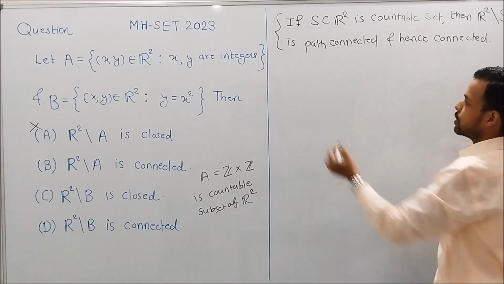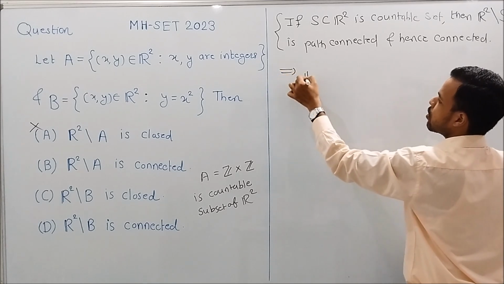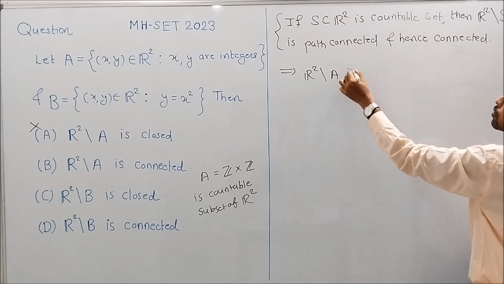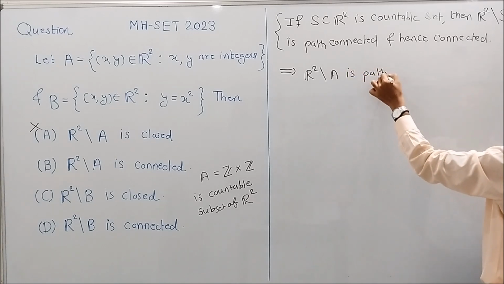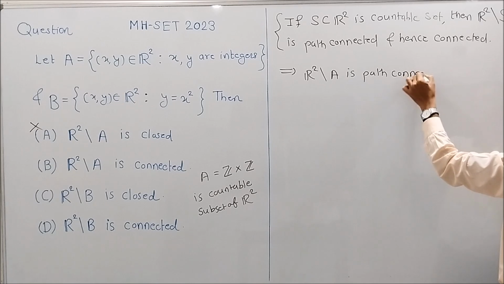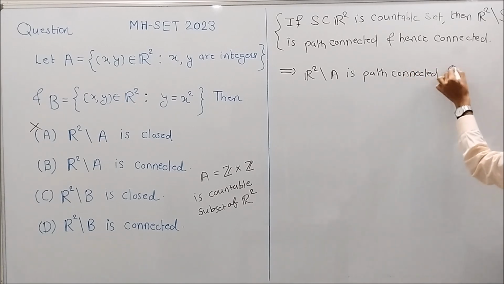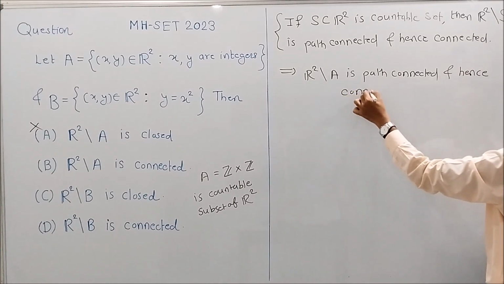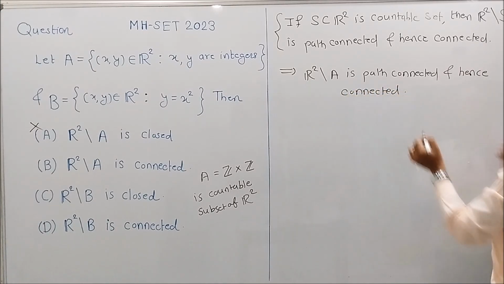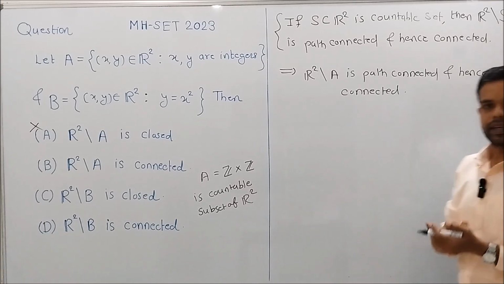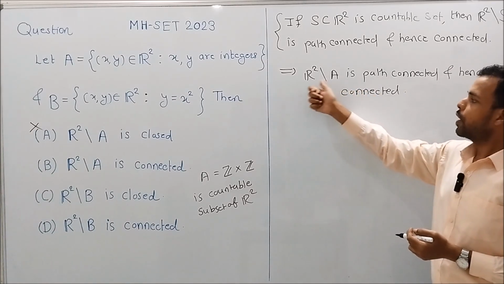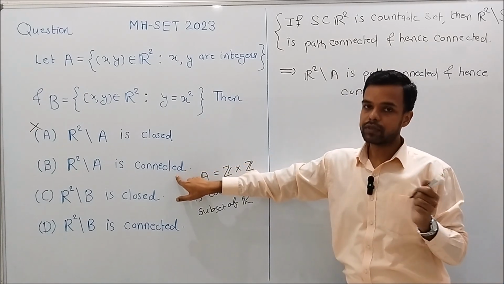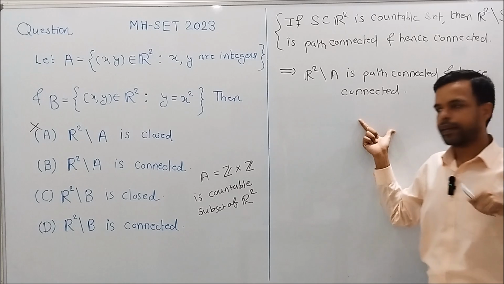So by this result, R2 minus A, that is the complement of A in R2, is path connected, okay, and hence connected, because we know that every path connected set is connected. So the complement of A in R2 is connected. So the statement in B is a true statement. Now let's see it geometrically.